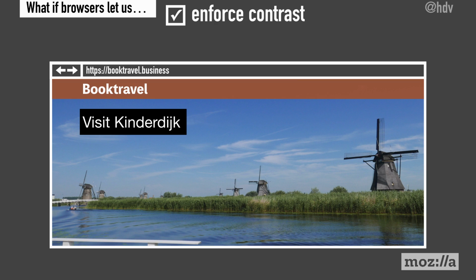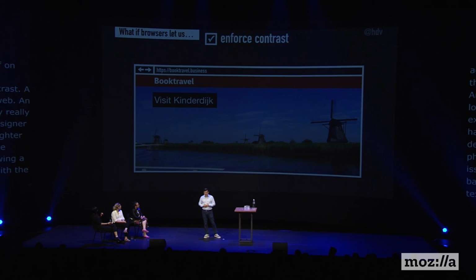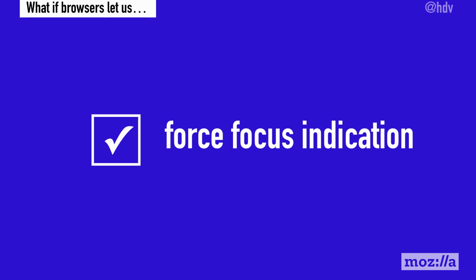The way you could fix this automatically is by just drawing a background behind it that is in a color that contrasts a lot with the text. So if it's white, you make it black. Now that's something apparently Edge does, as Melanie said yesterday, which I think is really cool, and I would love all browsers to take on that as well.